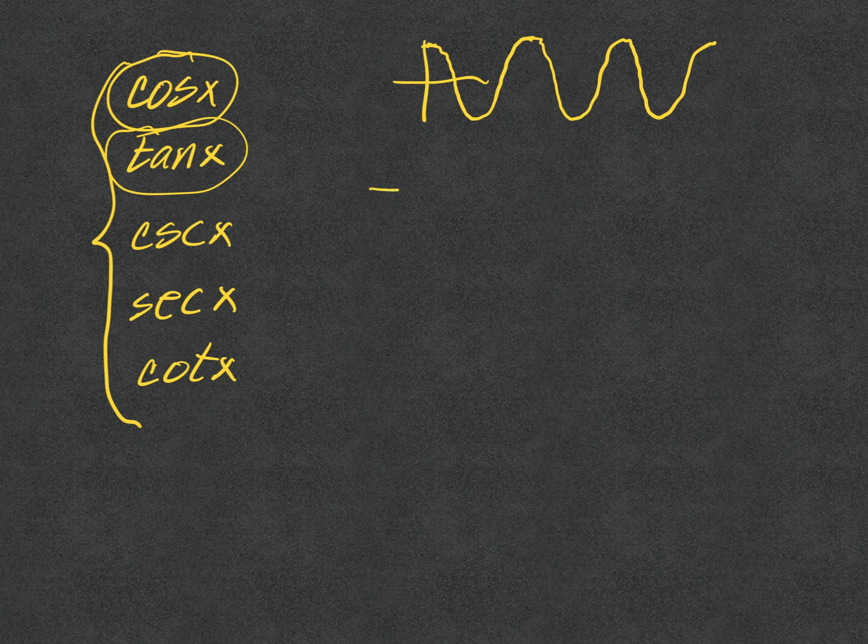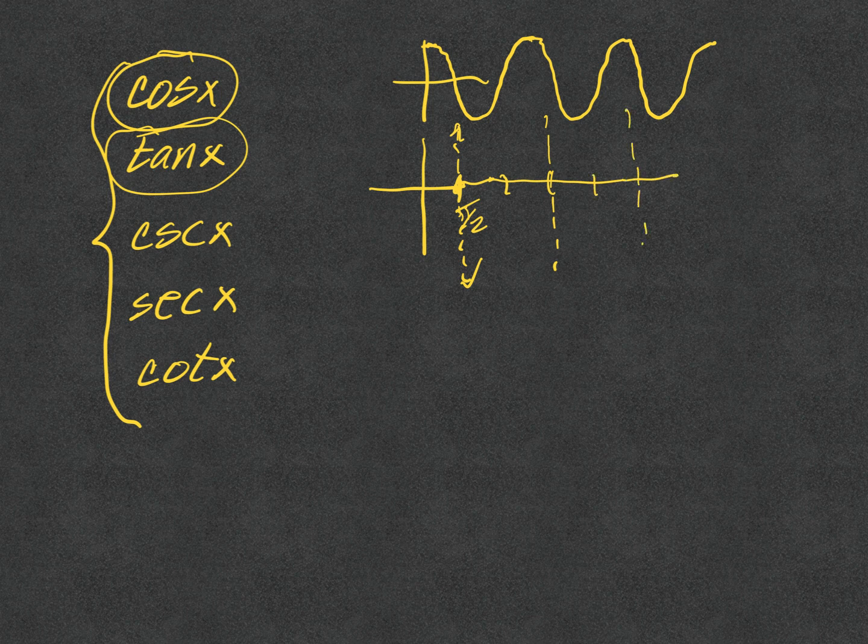Tangent x, you may have run across this issue, is that the tangent was undefined at pi over 2. And when something is undefined, what does that mean? That's a vertical asymptote. Did you catch that on your own? The tangent was undefined at pi over 2, and then at pi, 3 pi over 2, and 2 pi, etc. And so those are the graphs.